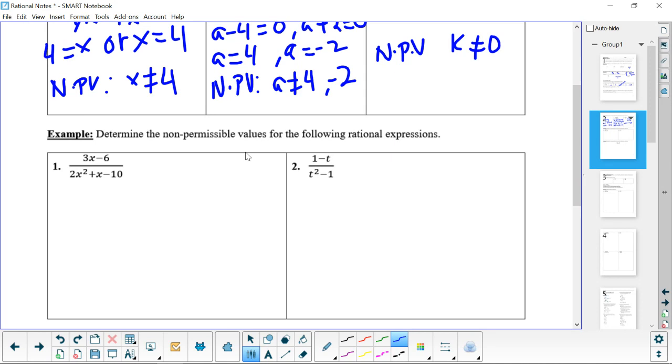Determine the non-permissible values for the following rational expressions. So first is 3x minus 6 divided by 2x squared plus x minus 10. In order to determine your non-permissible value, you're going to set your denominator equal to 0. I'm going to set this denominator equal to 0. And now we're going to factor this denominator.